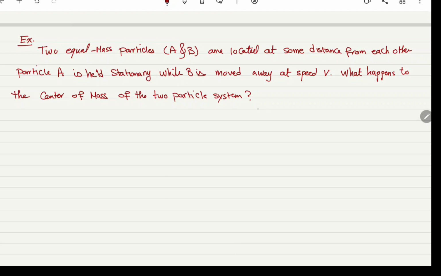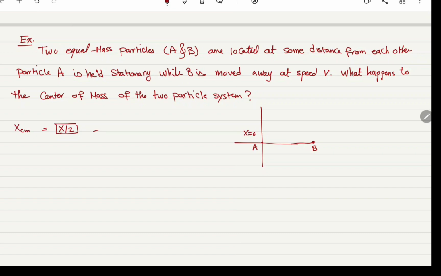Let's assume that particle A is located at the origin, so x equals 0 for particle A, and particle B is located a distance x from A. Since the masses are equal, the center of mass in this case is equal to x over 2. So this is the x center of mass.